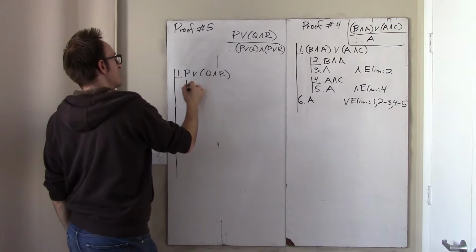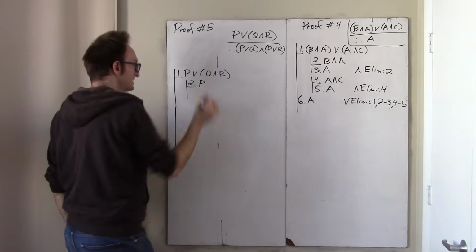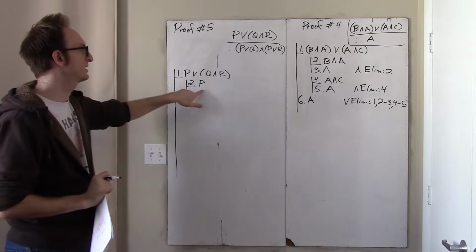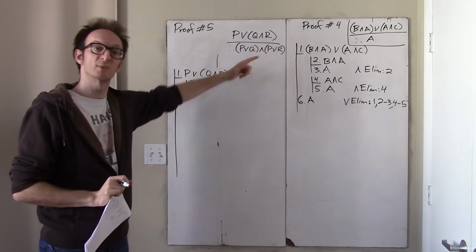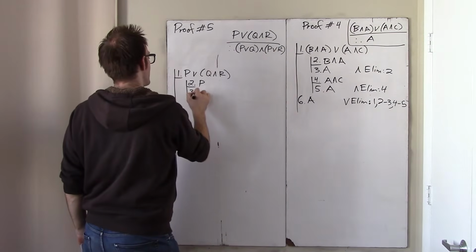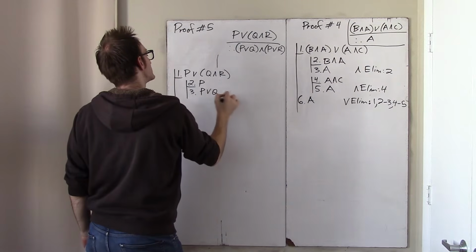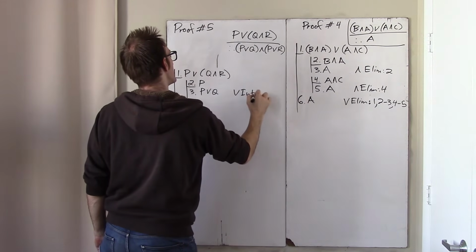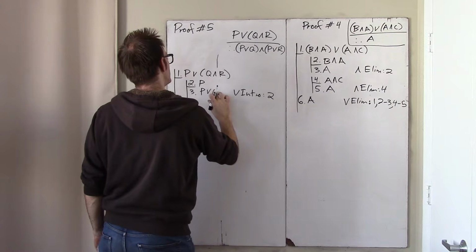This is a disjunction. On the one hand, it might be the case that P is true. Well, does P entitle me to this conclusion? Yes, because I may or on a Q by or intro, line 2.